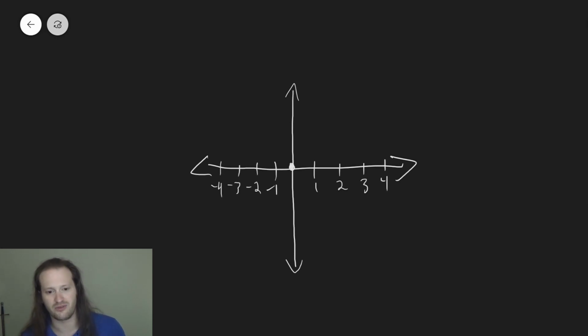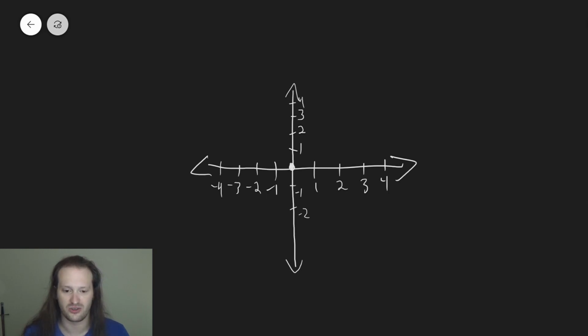And unsurprisingly for this number line, it's going to go in ascending order, going from bottom to top. So 1, 2, 3, 4, like that. And then going down, it'll be -1, -2, -3, -4. And this in the middle, this point right here is actually where these 2 number lines intersect, called the origin.